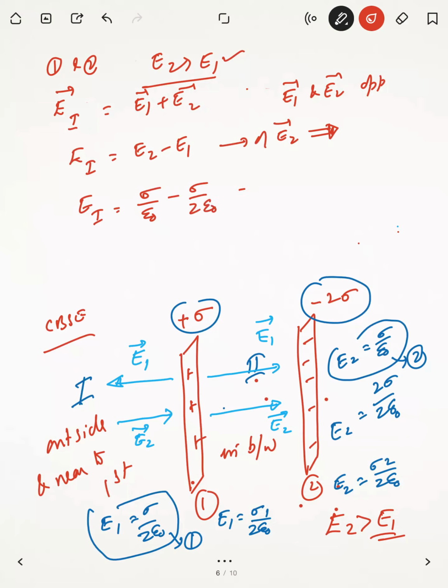This is 1 minus half, that is half: sigma by 2 epsilon 0, directed toward the right side.